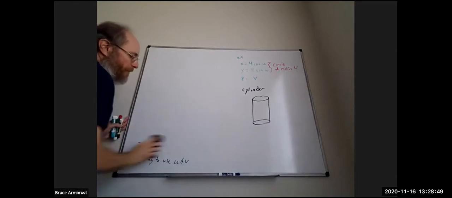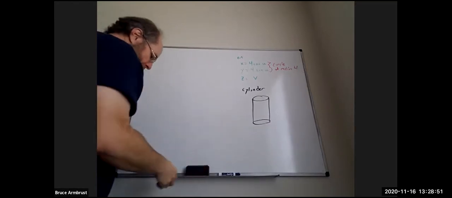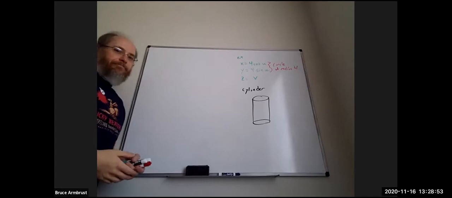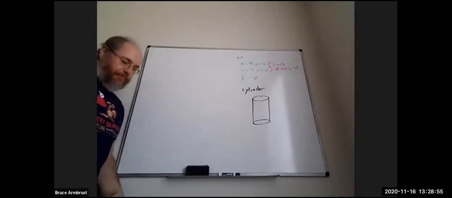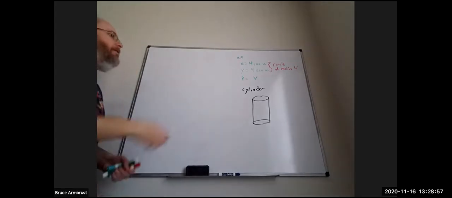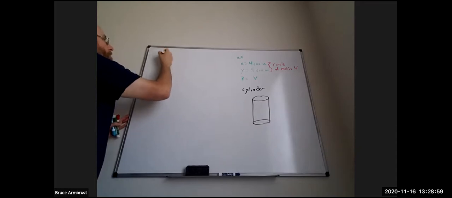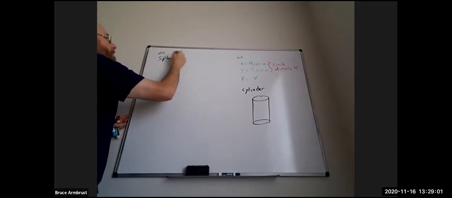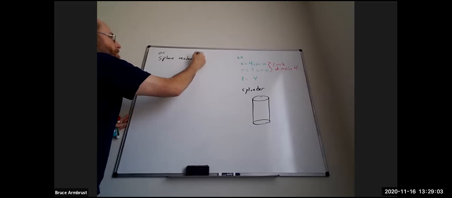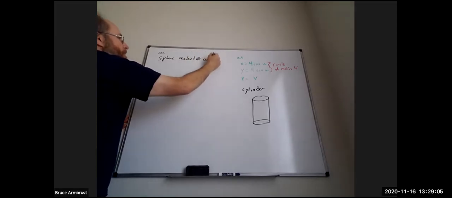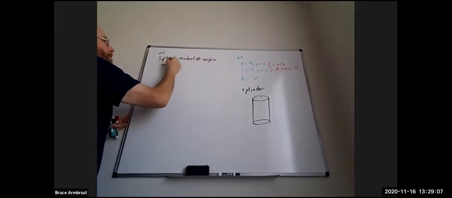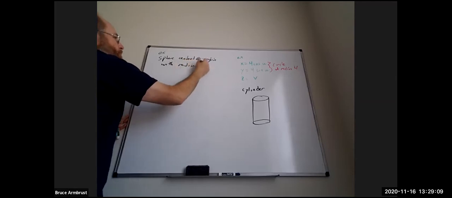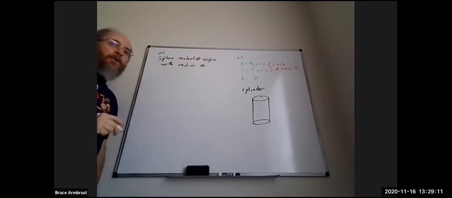Suppose we want to parameterize a sphere that's centered at the origin with radius 10. Okay, so here's what we're going to do.